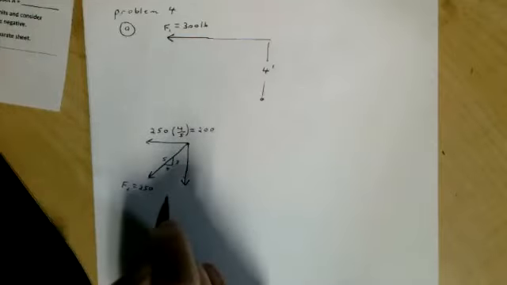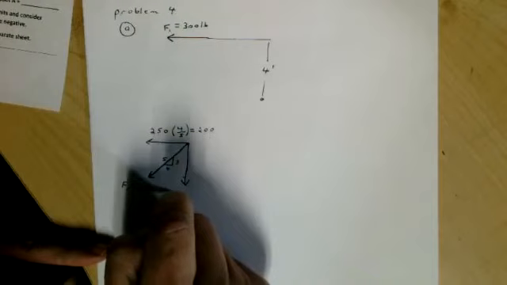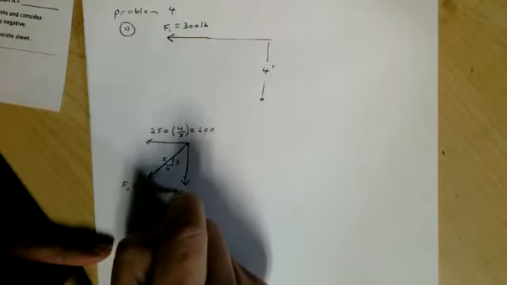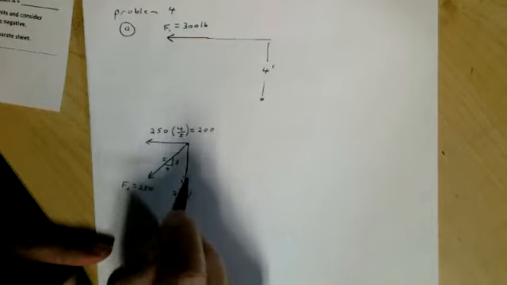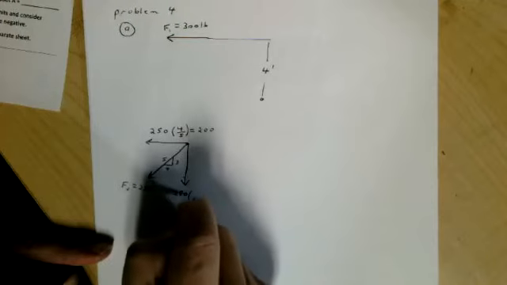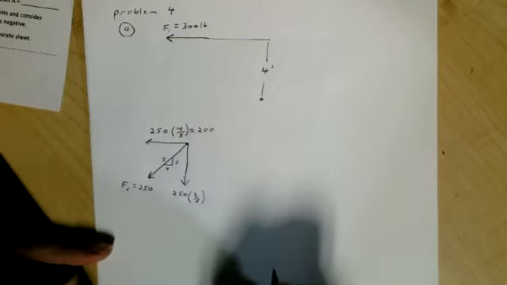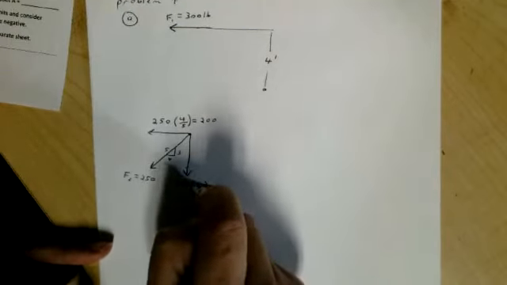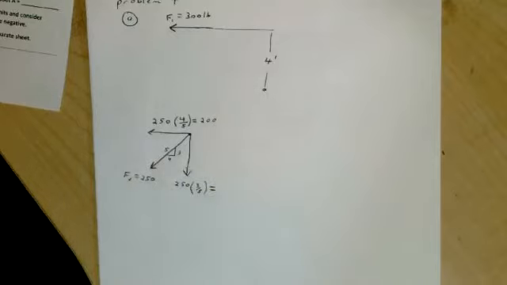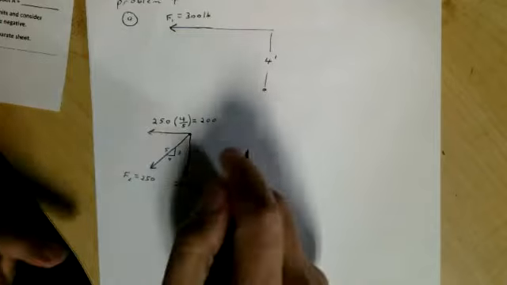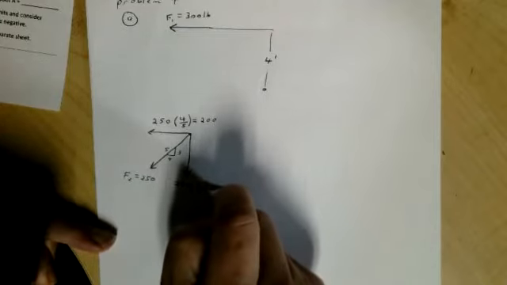And then this component here is going to be 250, and once again, you want the Y component, times 3/5 here. That's going to be 150.